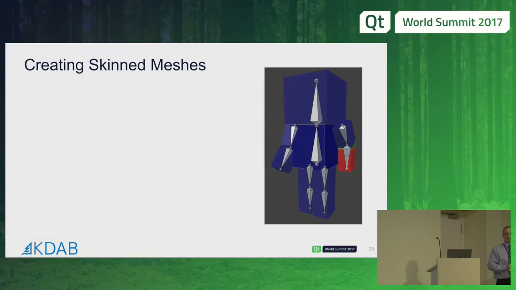Now, when we make these little characters, it's not enough to create the mesh itself and the skeleton. We somehow have to associate the skeleton with the mesh. And the way this is often done is with weight painting. Here you can see a screenshot of Blender where I've gone into weight painting mode, and this bone here is selected. Everywhere it's colored in red, that means that vertex is 100% controlled by this bone.